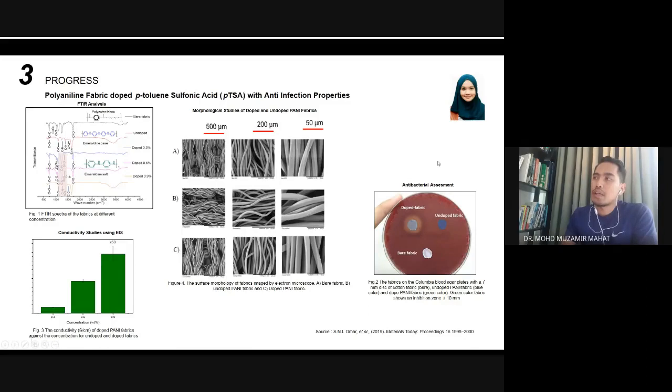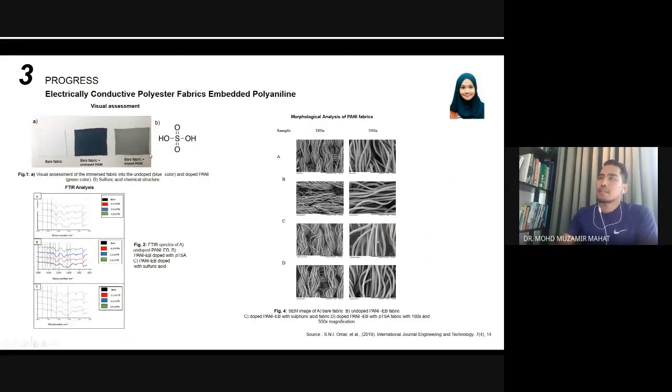In other words, we say that antibacterial fabrics. We are very happy with this paper, but yeah, further investigation needs to be conducted before we can apply to human. Next, Zaltul also ventured on the different fabrics.